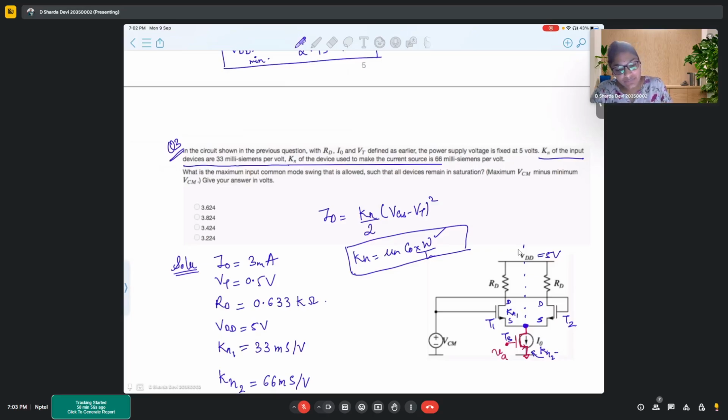Rather, the question is what is the maximum input common mode swing that can be used? So basically, what you have to find out is VCM max and VCM min. What is the maximum VCM that you can apply to the circuit, and what is the minimum VCM that you can apply so that your transistor remains in saturation? That is the idea.